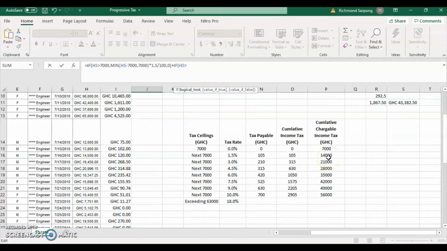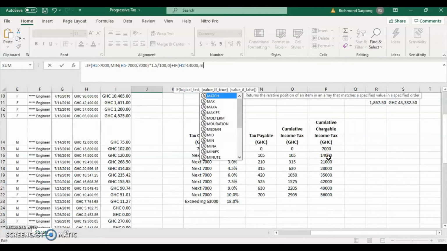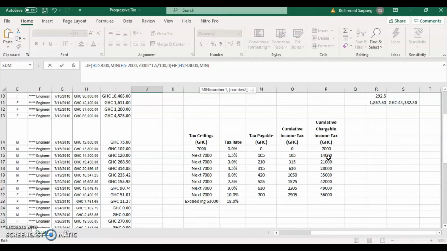If it's greater than 14,000, then you should do the MIN, the minimum, H5 minus 14,000.